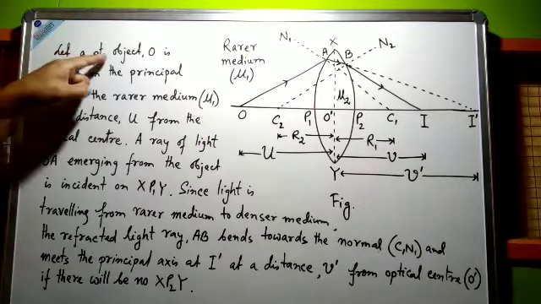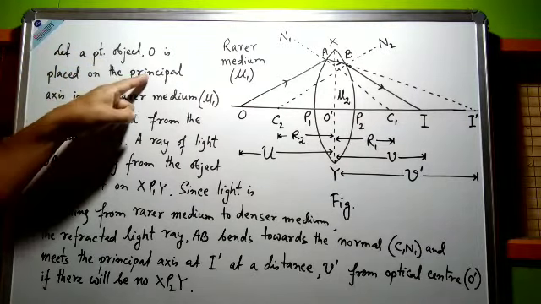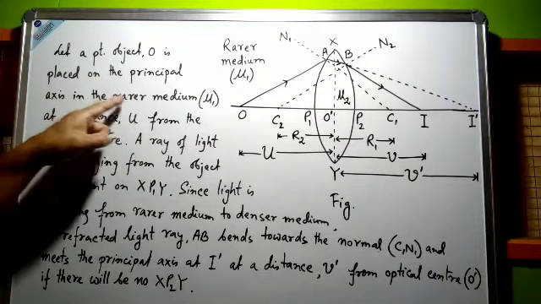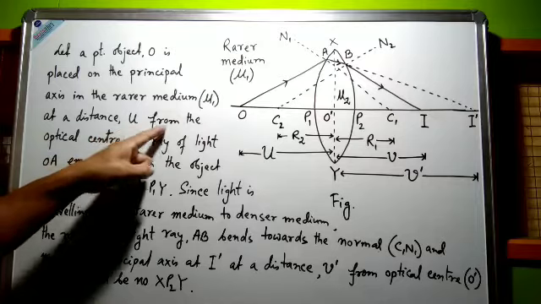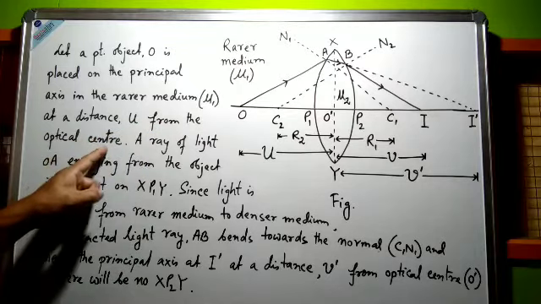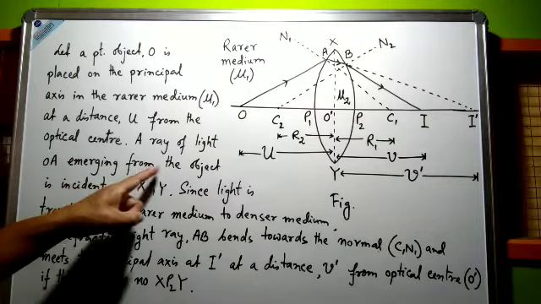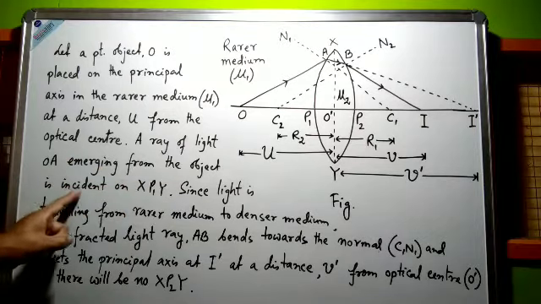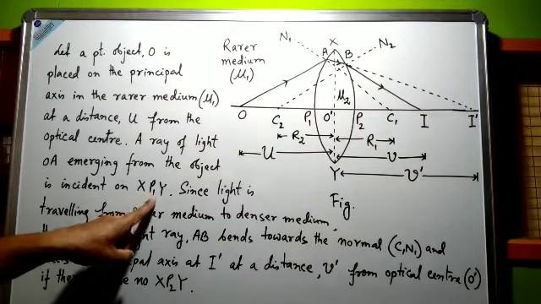Let a point object O be placed on the principal axis in the rarer medium mu1 at a distance u from the optical center. A ray of light OA emerging from the object is incident on XP2Y, that is, the first spherical refracting surface.